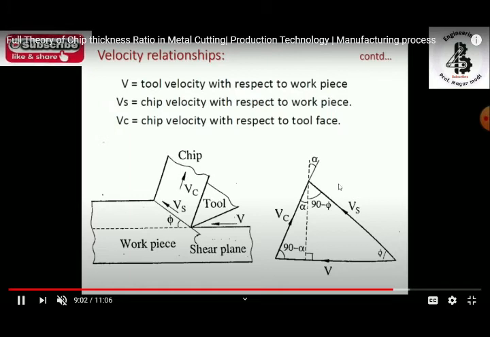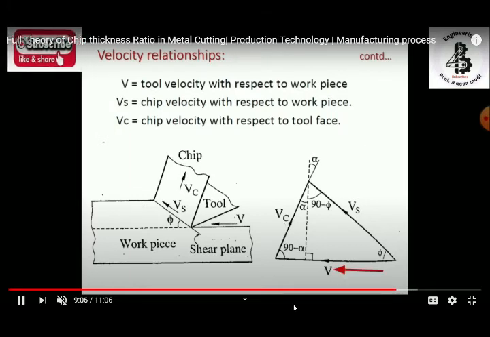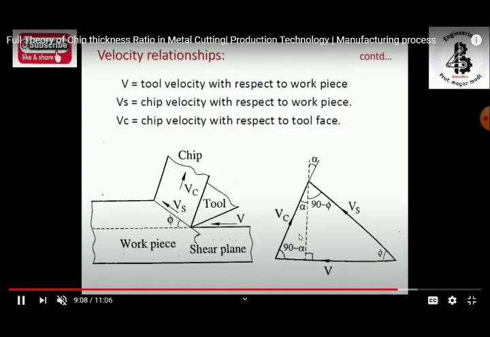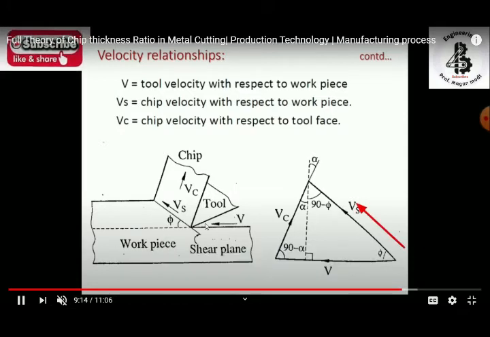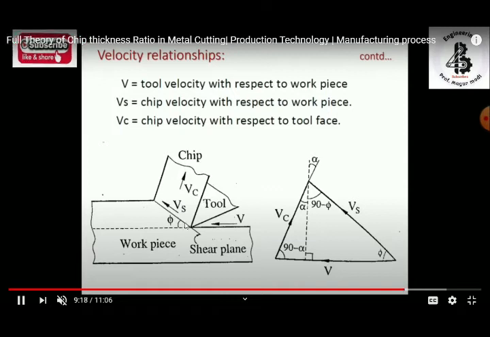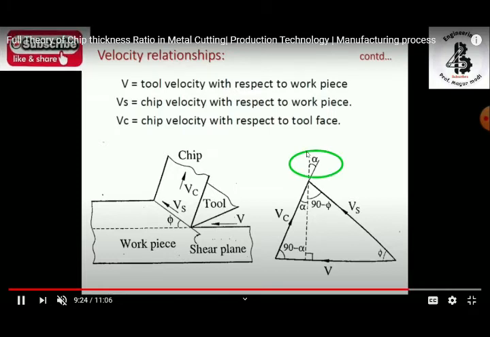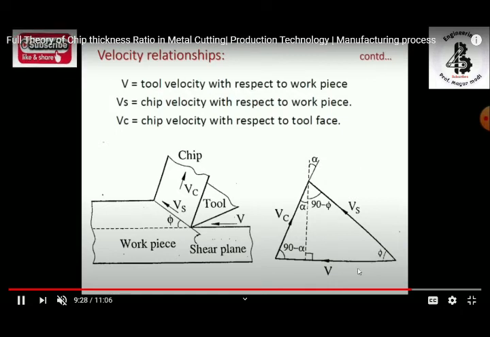In this diagram we observe Vs, Vc and V, and 90 minus alpha, and at the top side, alpha. Alpha is equal to rake angle, phi is equal to shear angle. Here, three velocities, shear angle and rake angle.